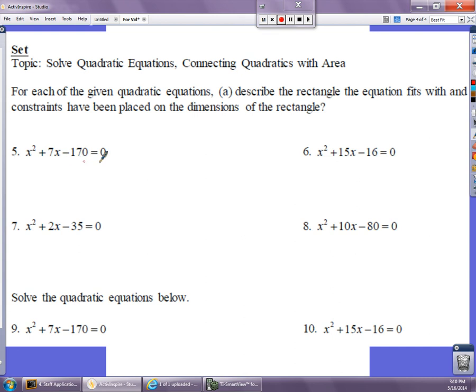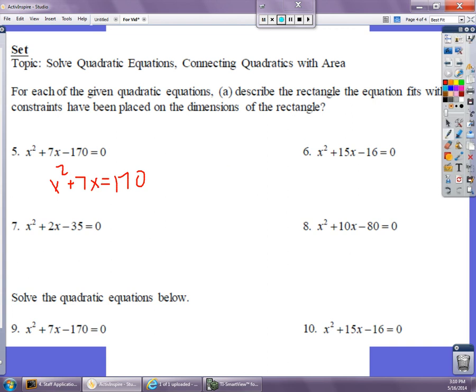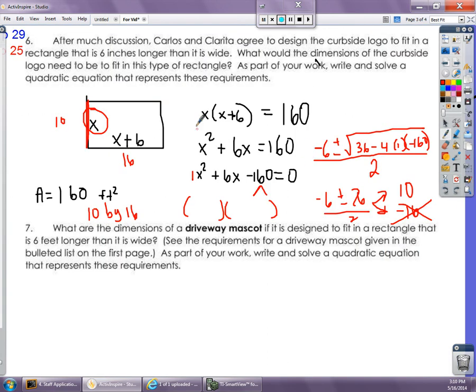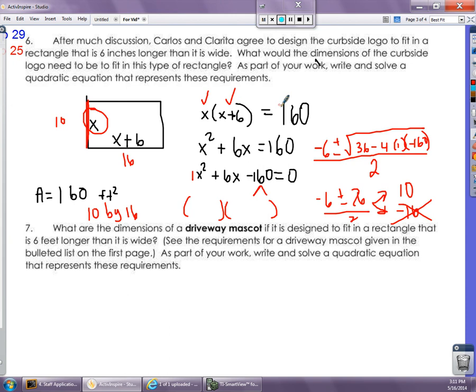So let's look at this one. If you look at the last problem, by moving the 170 over, when it equaled 170, that let us know what the area was. We knew that length times width equaled the area.